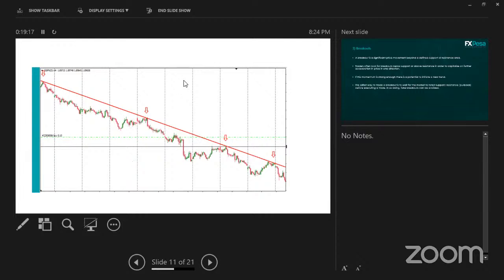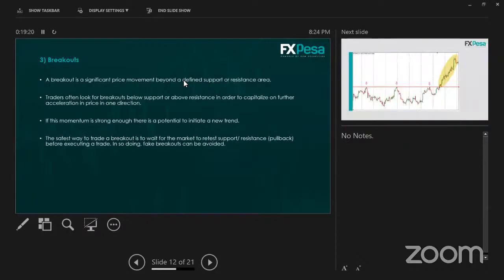So we normally have breakouts. A breakout is a significant price movement beyond a defined support or resistance area. Traders often look for breakouts below support or above resistance in order to capitalize on further acceleration in one direction. If this momentum is strong enough, there is potential to initiate a new trend.